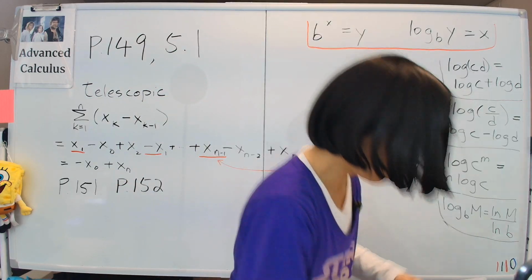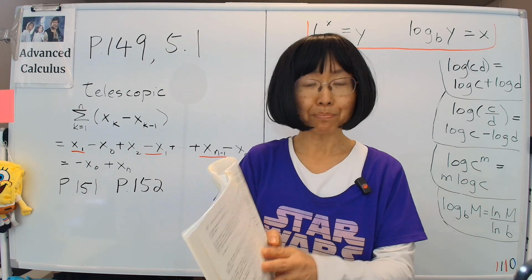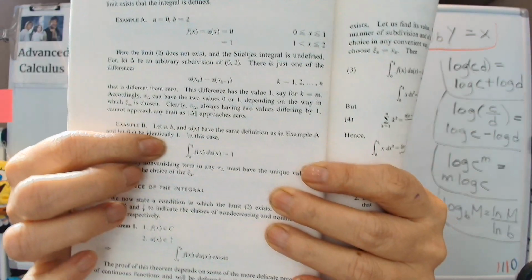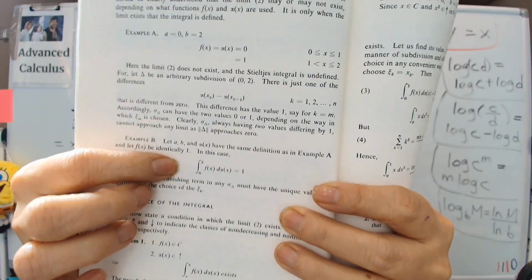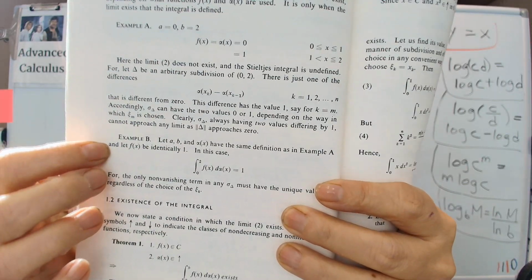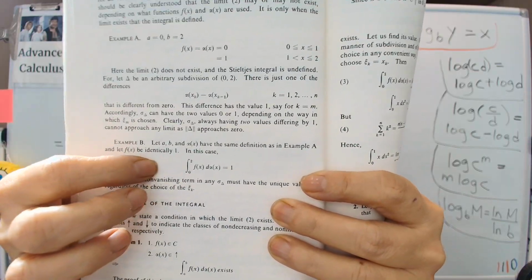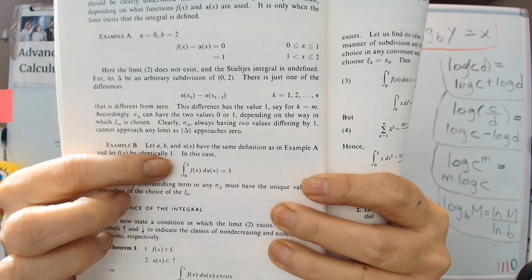The next example, example B, is fixing that problem in example A, where we'll define f to not have a jump. And so f is just 1. Now, if f is just 1, then you can redo this problem, okay? And you will quickly notice that everything does converge just fine.